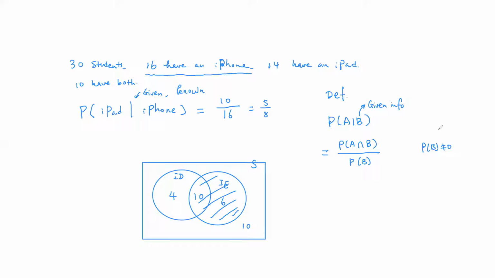If the probability of B is 0, that means B will never happen. And if it doesn't happen, but you know it happened, that's kind of a contradiction. So we require the probability of B not equal to 0. So this ratio is meaningful.